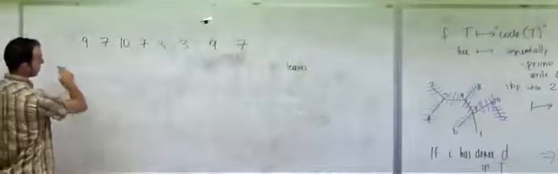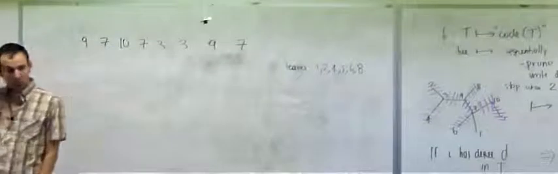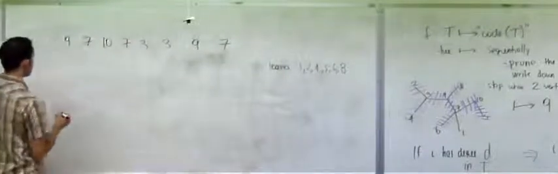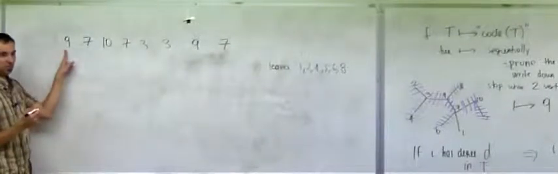The things that don't appear here, right? So 1, 2, 4, 5, 6, and 8. Okay? So what was the first leaf to be pruned? Well, we chose to prune the largest one. So that means that the largest leaf we pruned must have been 8. And this must be its neighbor. Okay?